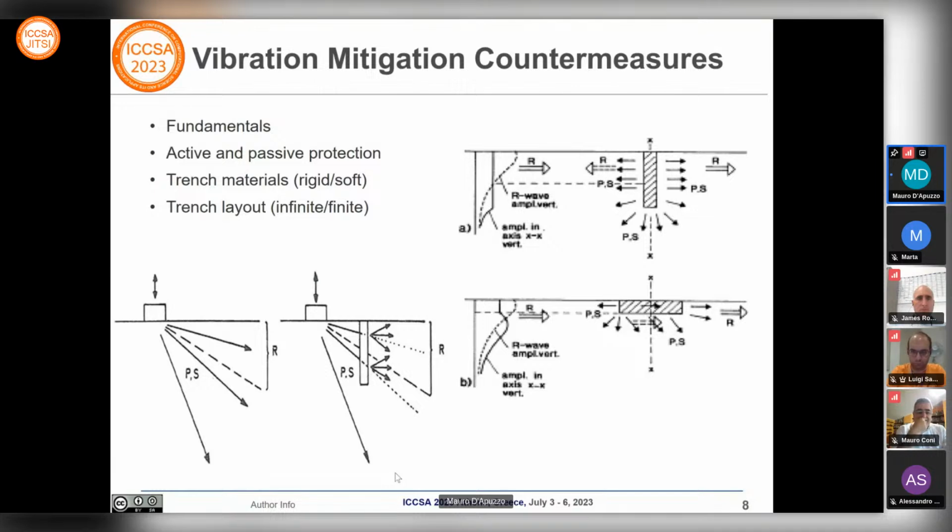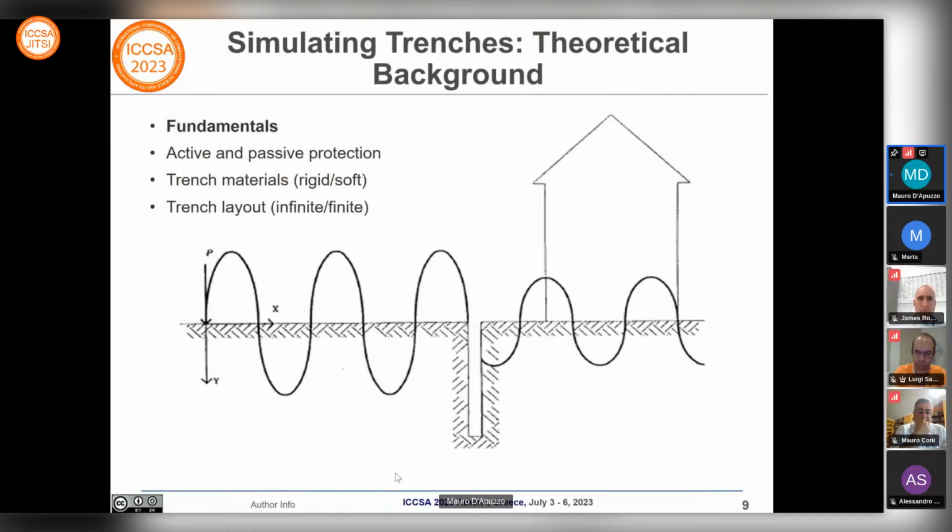But the main point that we need to remember is that the effectiveness mechanism of these trenches is mainly based on what sort of protection you can have, depending on active or passive protection. We will go in depth on this definition, and depending on trench material and trench layout.